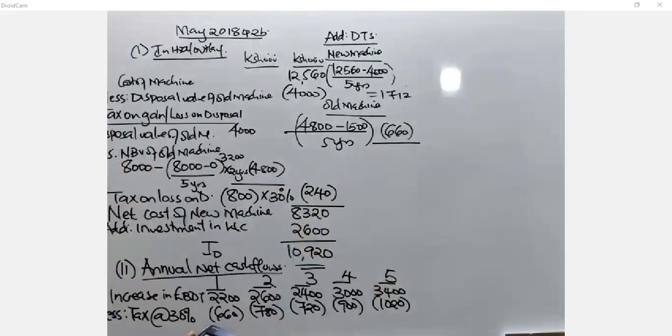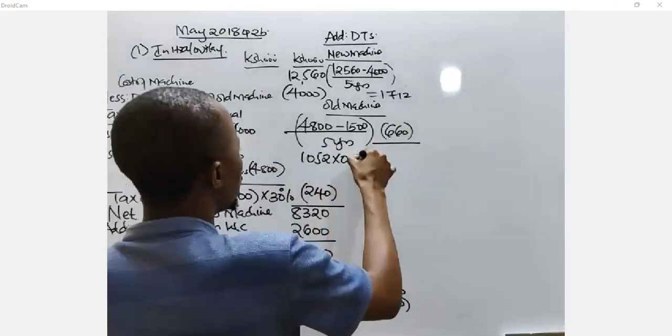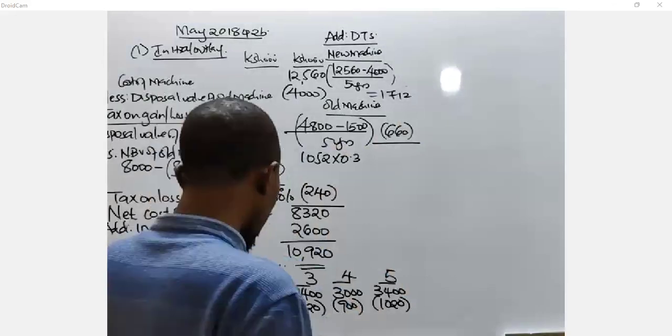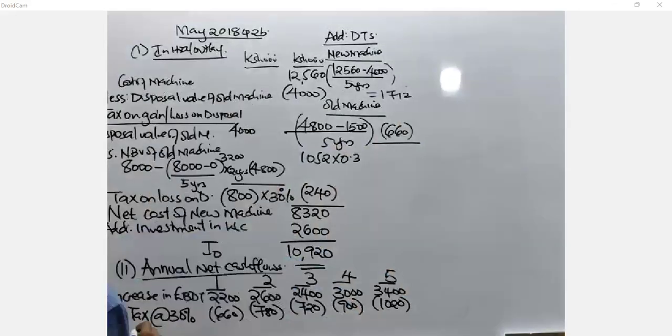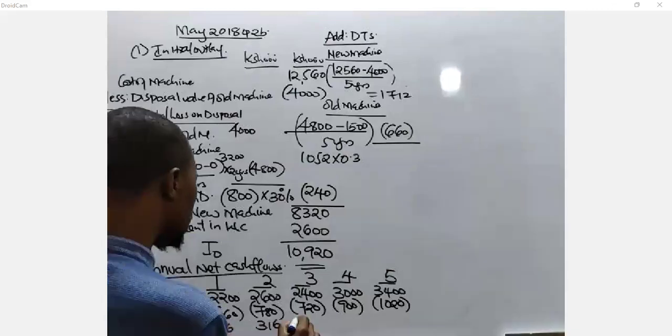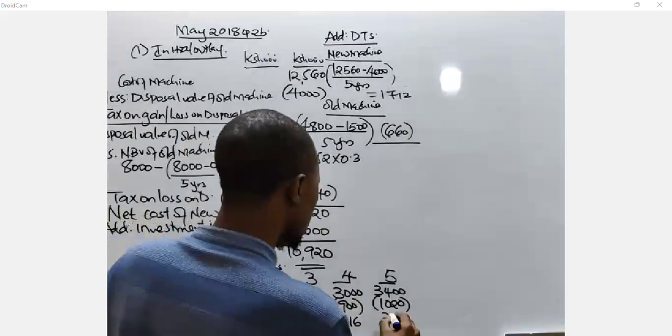So 1,712 minus 660, we get 1,052, times 0.3. We are getting 316. Let me put my depreciation tax shield here: 316 for each of the five years.